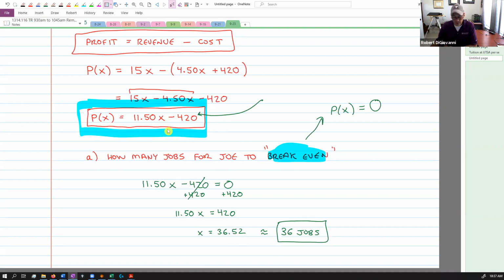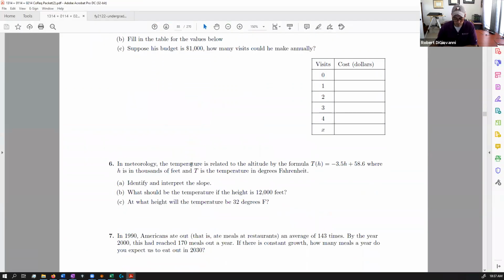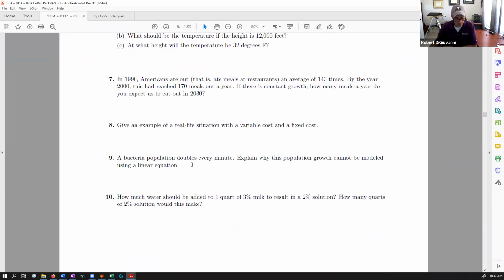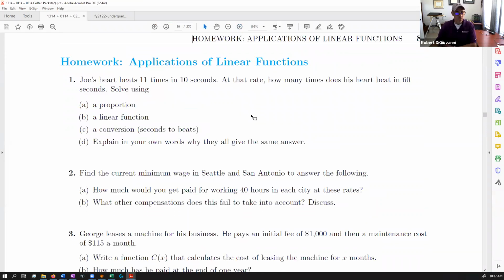Okay, it's 10:37, so let me move on. Let's look at your homework to see which problems I want you to do. This is page 89.